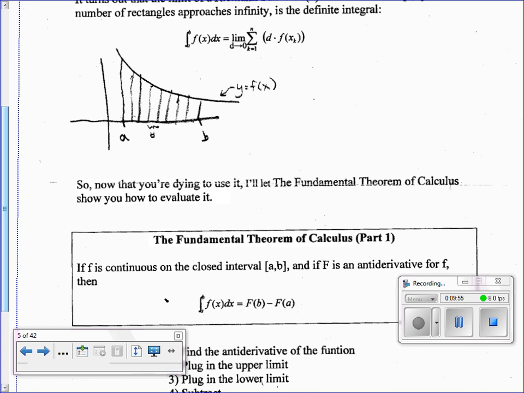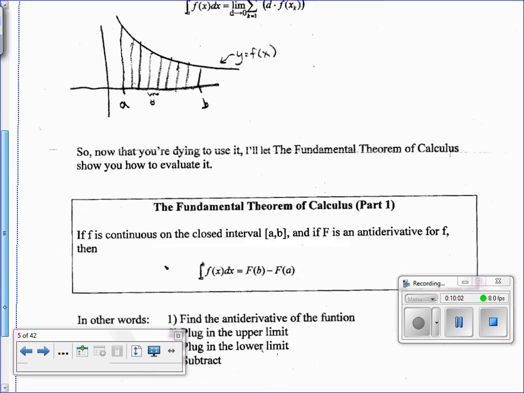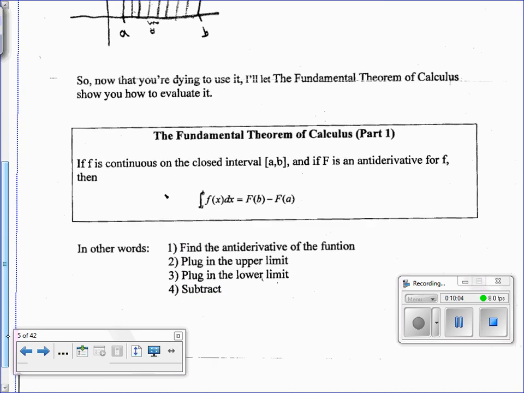Each rectangle has a height of f of x and a width of dx, a small change in x. Very, very useful. So it's funny that halfway through the course, we finally get to the Fundamental Theorem of Calculus, Part 1. And that's all it's saying. It's telling us that we can, using the antiderivative, evaluate a definite integral. We just get the antiderivative, plug in the upper limit b, then a, and subtract.